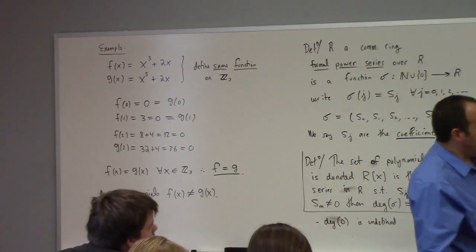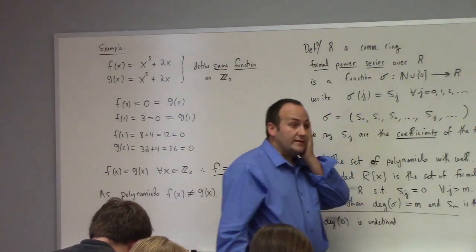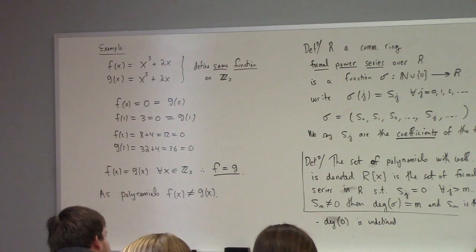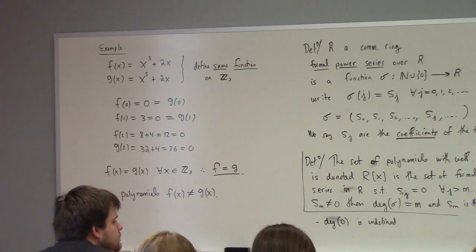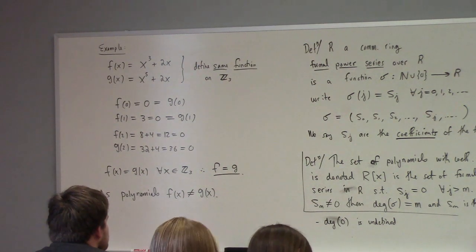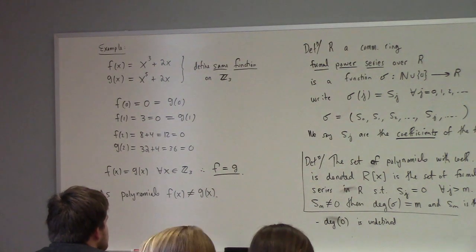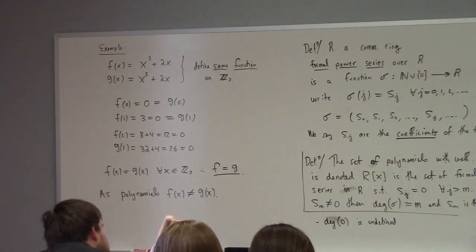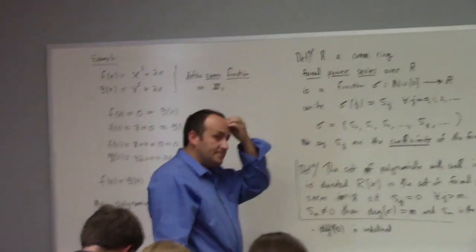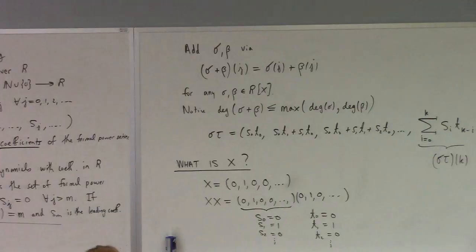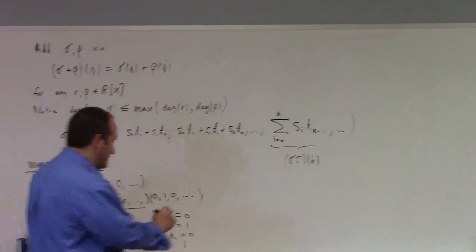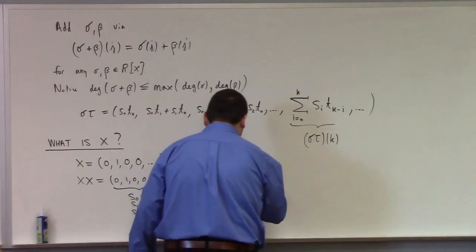Well, if you go to the definition that's right above and look at it, what do we got? So here, let me reinterpret this for you. Here we're looking at s0 equals 0, s1 equals 1, s2 equals 0, etc. Here we've got t0 equals 0, t1 equals 1, t2 equals 0, etc. So put that into the definition of multiplication, what do we get? Apparently, the 0th term is 0, right?